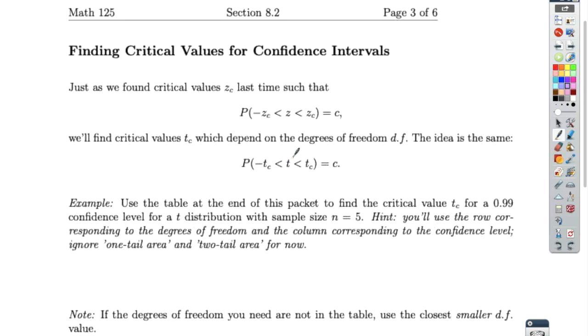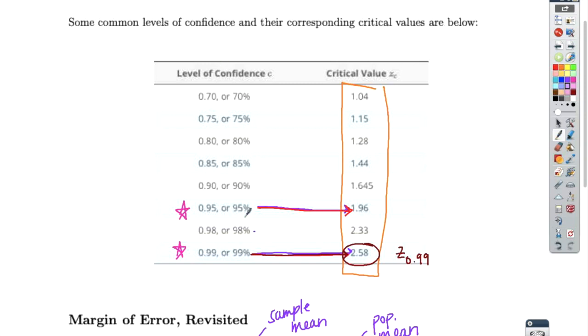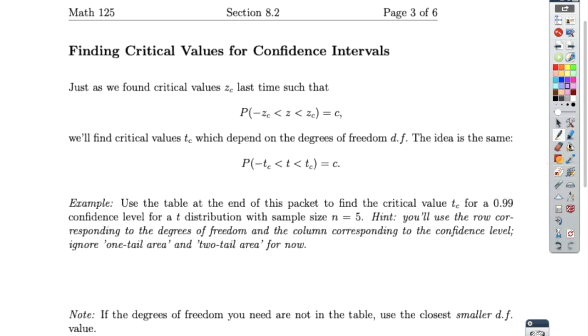We're going to find a critical value that's going to give us, for example, a 99% confidence level. Just to point out, for the z distribution, this is from 8.1, we were just given this table. These are the only critical values that we will ever need to know for z. Now, the t critical values depend on your sample size.